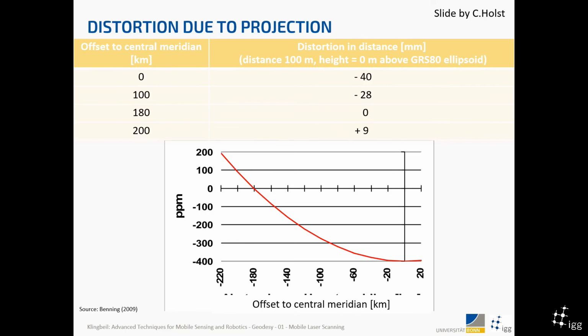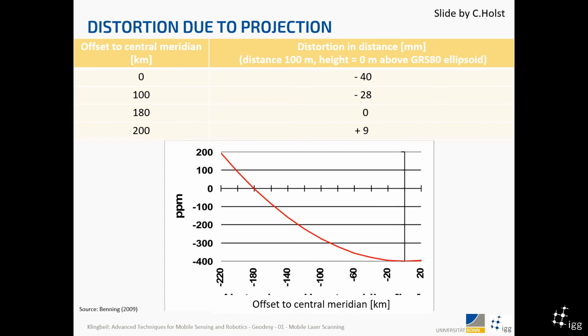This is what this table consists of. We are 180 kilometers away from the central meridian. We measure a distance of 100 meters in UTM coordinates. So what is the difference to the actual true distance in ECEF coordinates? And you can see if you are on the central meridian, then 100 meters are actually 100 meters and 40 millimeters.